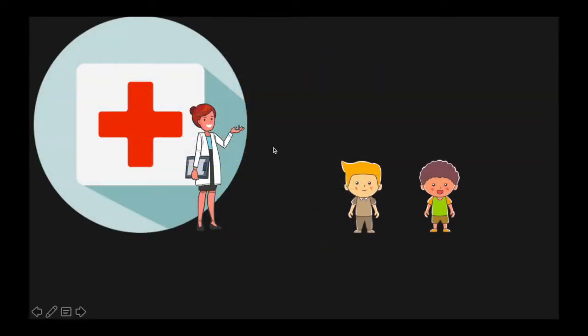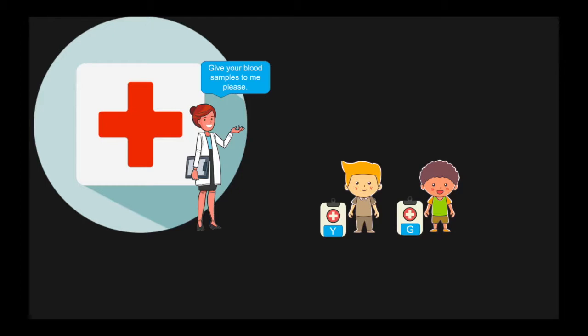When they arrive at the hospital, the nurse tells them to take blood samples to see what happens in their body, and give the blood samples to her. Then they get their blood samples respectively, and on the blood samples there are their names.